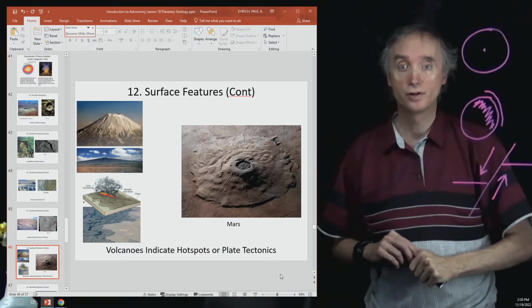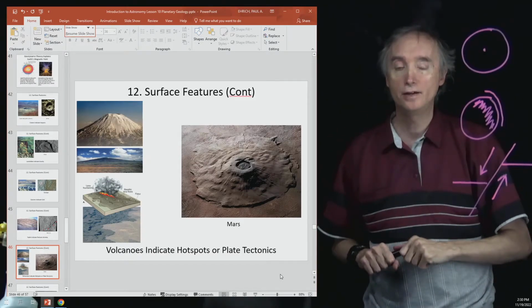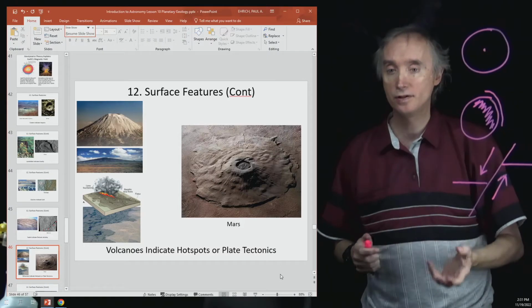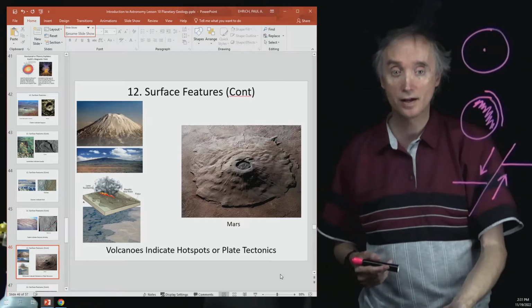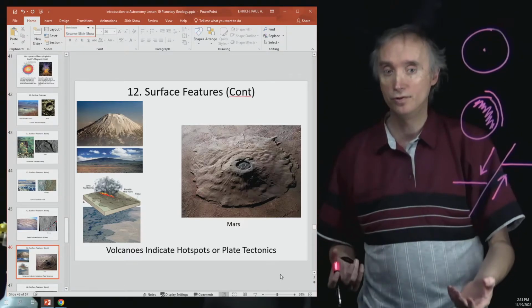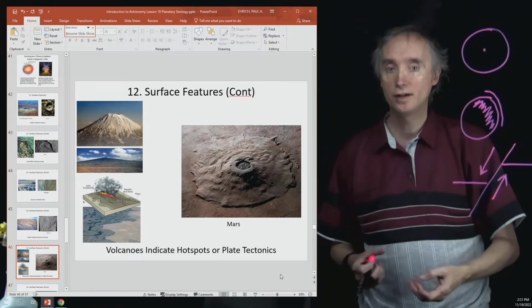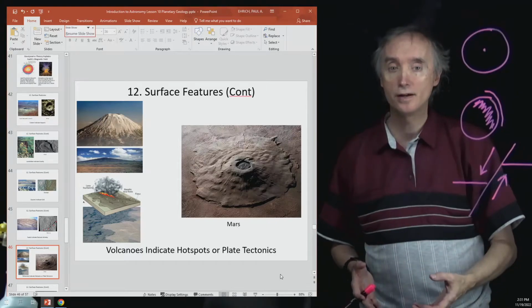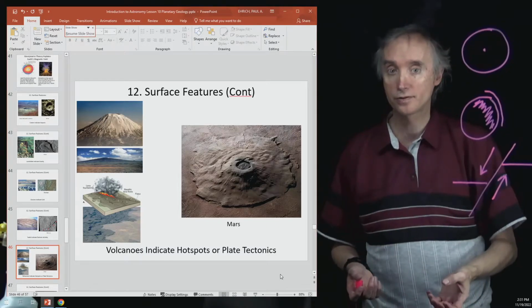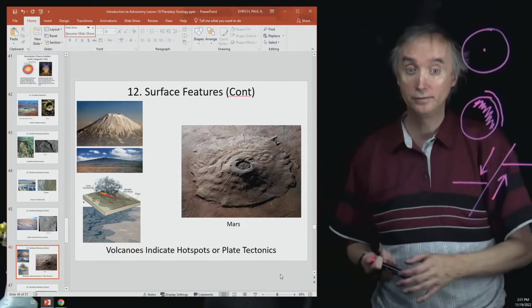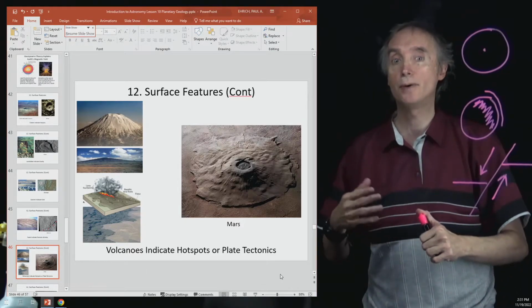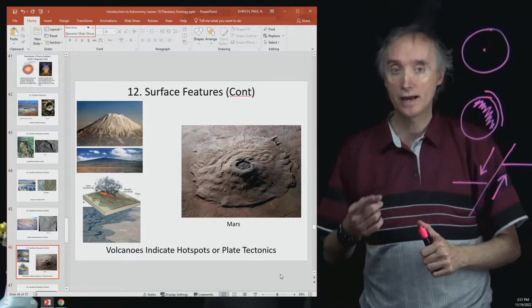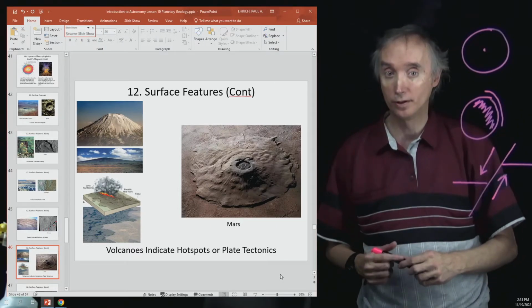Volcanoes. Anytime you see a volcano, that must mean that it's hot on the inside of the planet in order to do that. So that's a good indicator that there's either hot spots or plate tectonics. Now, it could be that it was hot spots and plate tectonics in the past, and that volcano is dormant today.